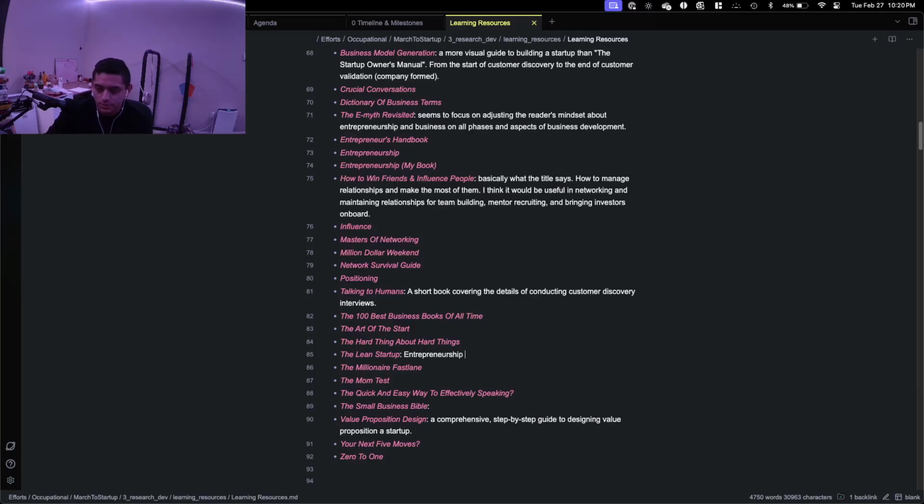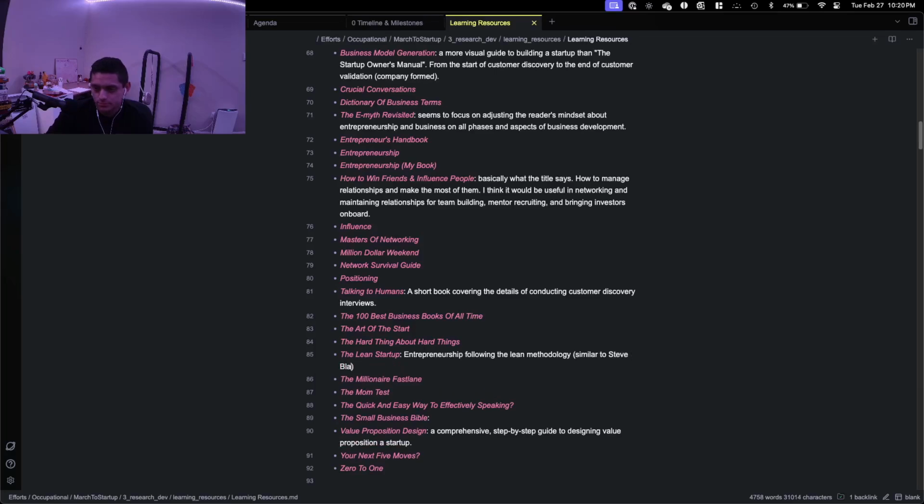Entrepreneurship, following the lean methodology, similar to Blank's methodology. So yeah, it is a bit leaner, I guess. So it's lean.